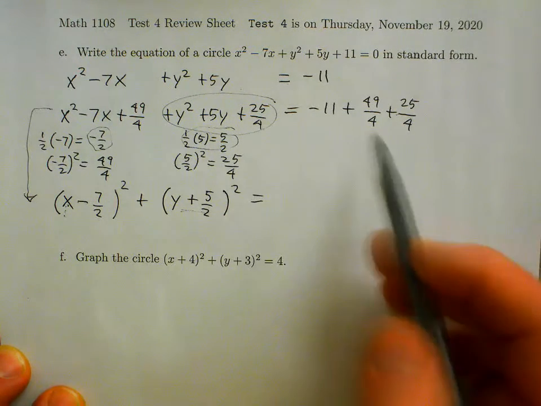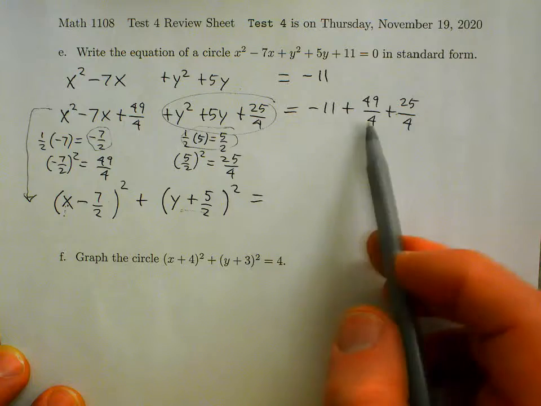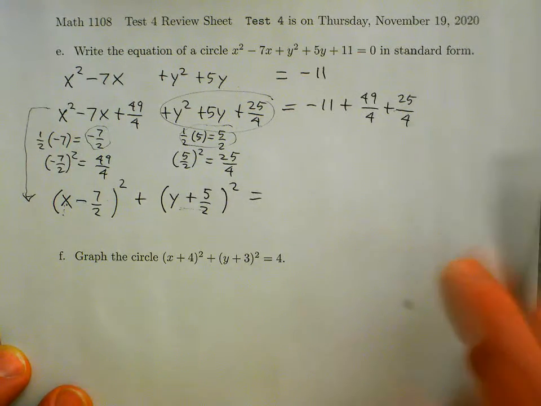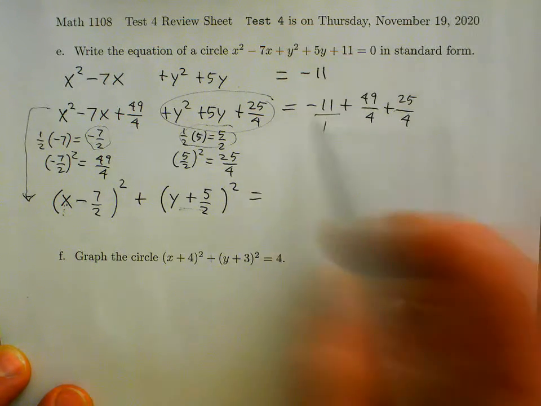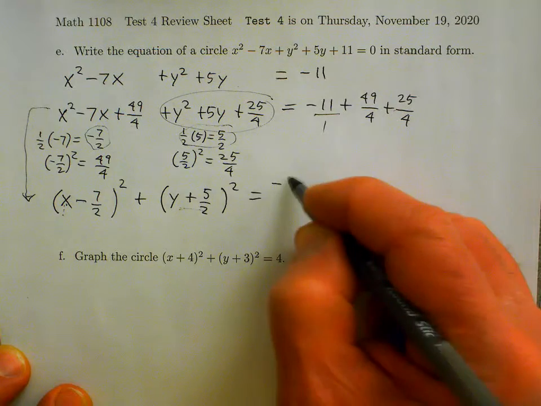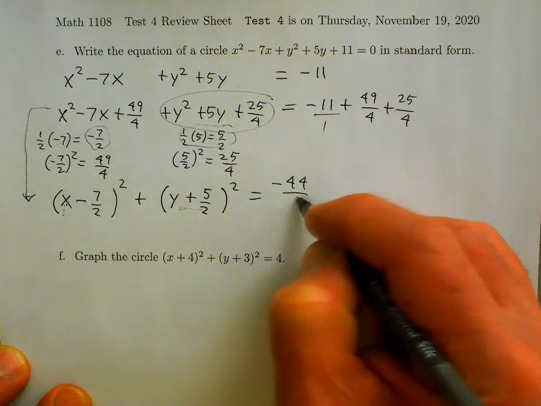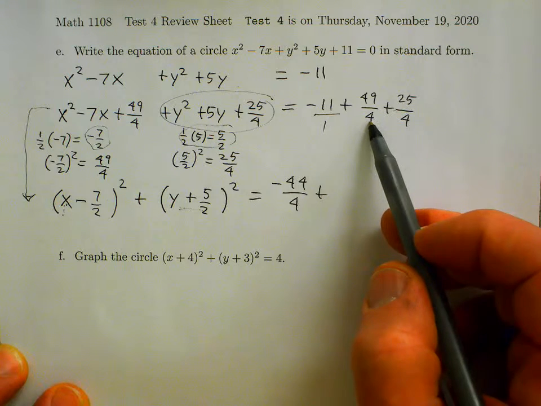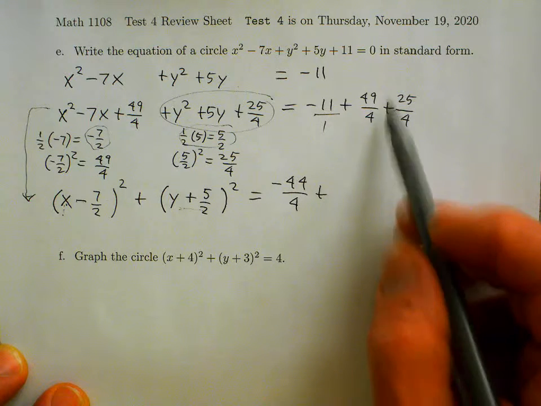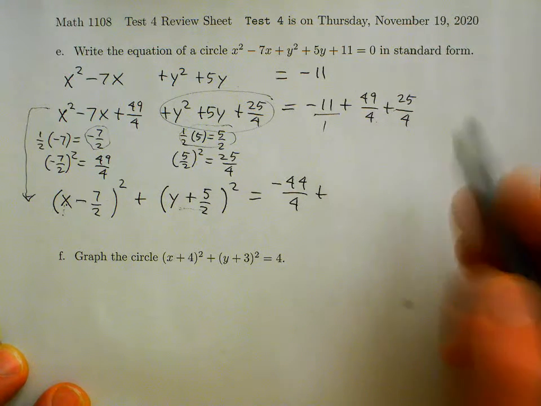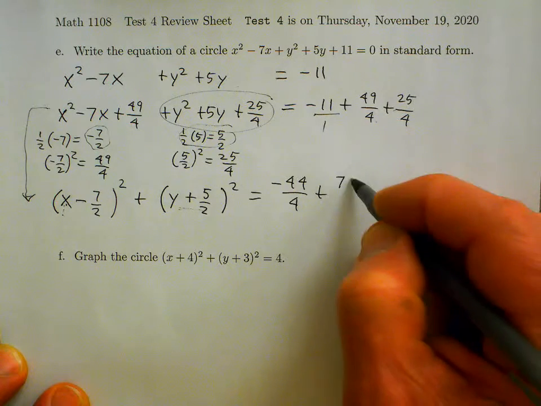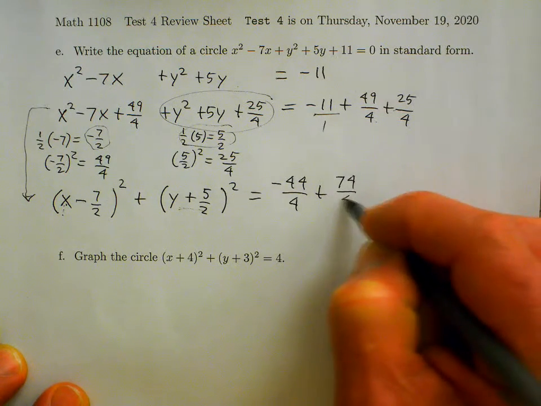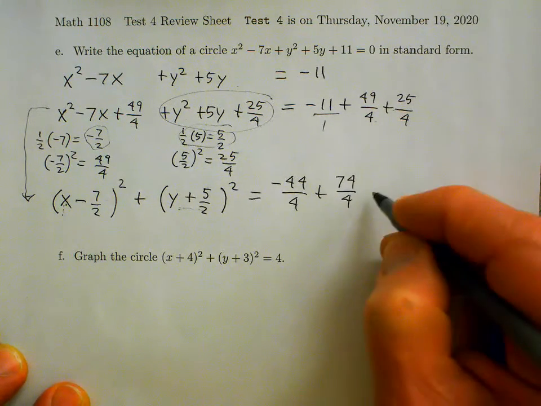And then on the right-hand side, we just have to find a common denominator and do the arithmetic. So -11 over 1 is equivalent to -44 over 4. These other 2 numbers already have a common denominator, so 49/4 plus 25/4 is plus 74/4.